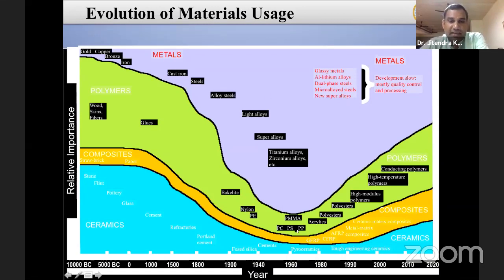So like this, super alloys and titanium, zirconium, and nowadays new metal alloys are also investigated by some researchers. That is Haynes 25 to Haynes 16. These are the grades of Haynes 16. This is a cobalt and niobium based alloy, which is further used in space applications and other things.